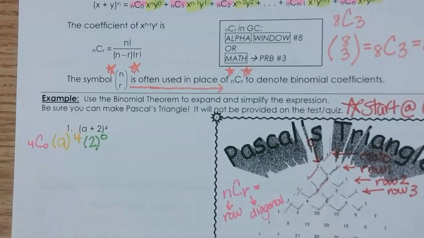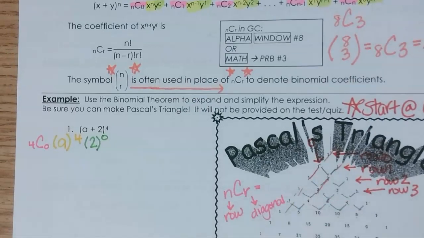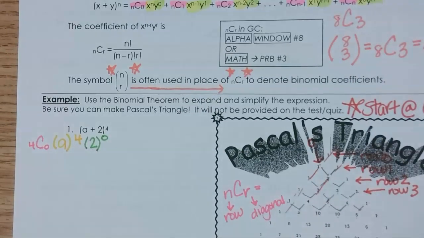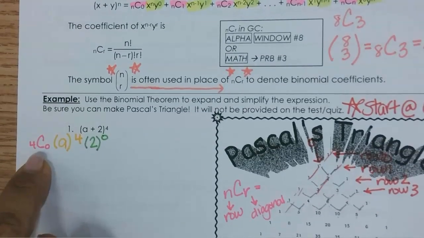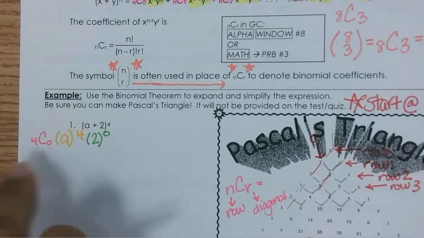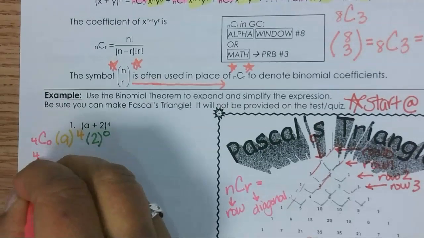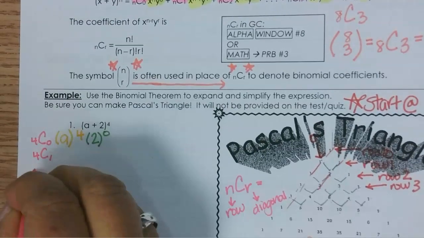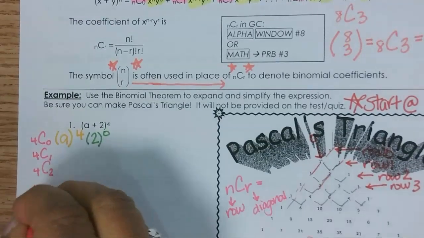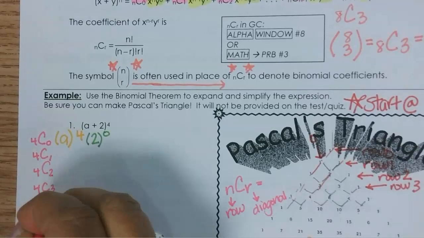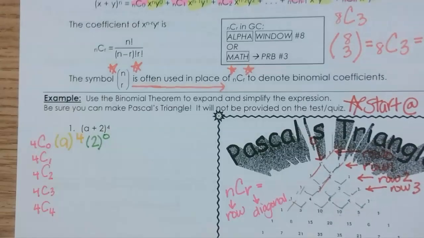And so sometimes you can do each term separate. Sometimes people like to work their way down and say, okay, what are all the different combinations going to be? Well, the first one involves 4C0. Then we'd involve 4C1, 4C2, 4C3, and 4C4.